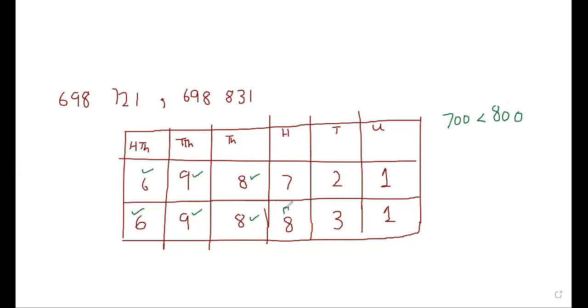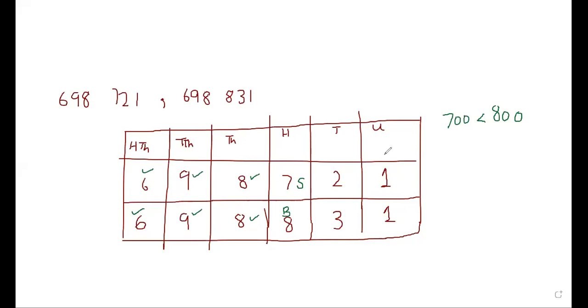This one is bigger and this one is smaller. We see where the difference comes, and now we can easily take a decision which one is greater and which one is smaller. So which one is the greater? 800 is the greater. So definitely our second value is the greater one as compared to the first one.